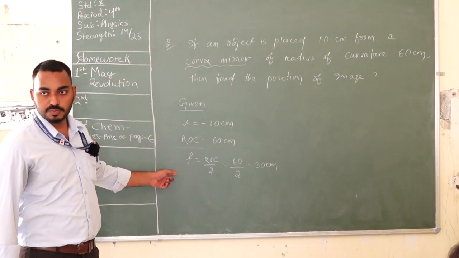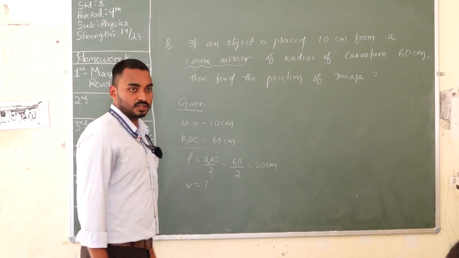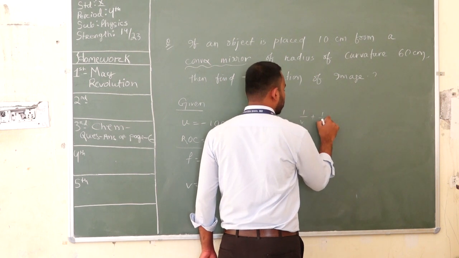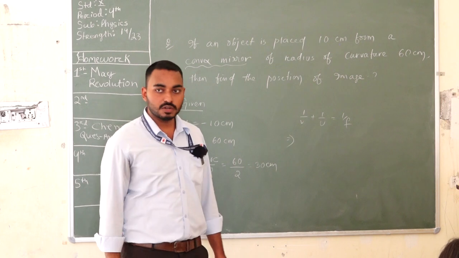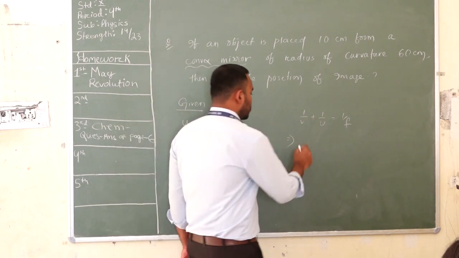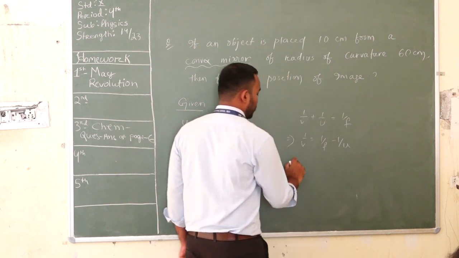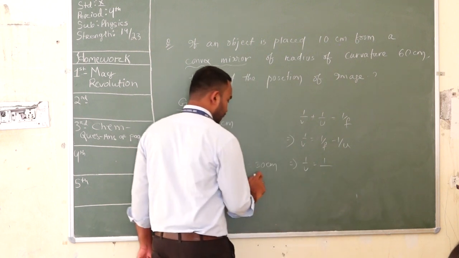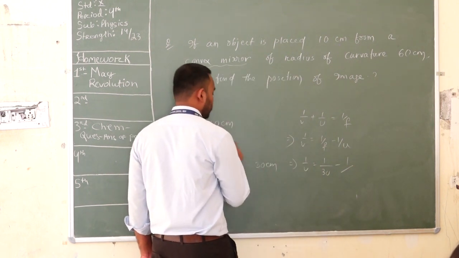Now we have U and F, and we have to find out V. Right? We have the formula 1 by V plus 1 by U is equals to 1 by F. What we have to find out is V. So 1 by V is equals to 1 by F minus 1 by U. Now 1 by V is equals to 1 by 30 minus 1 by U. What is the value of U?